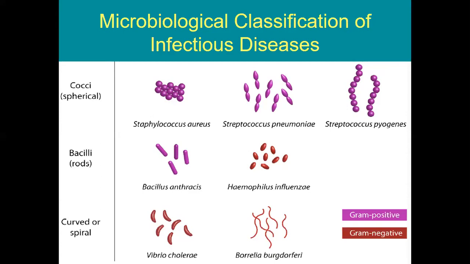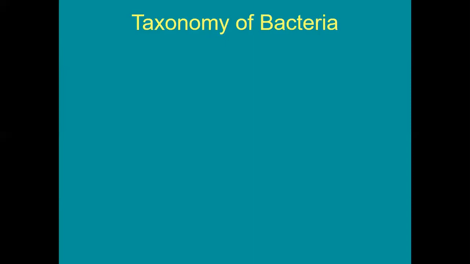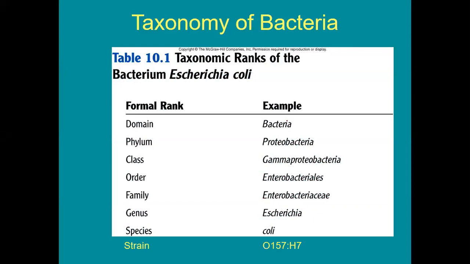Spiral curved, comma shaped Vibrio cholerae, or something like a spiral, like a worm, is Borrelia. This could be gram positive or gram negative. The one in purple is gram positive. The one in the pinkish color is gram negative. So this is how you classify the organisms based upon simple staining, gram positive or gram negative, or morphological classification, which can be in the form of cocci, bunch of grapes, chain, and this is very important.